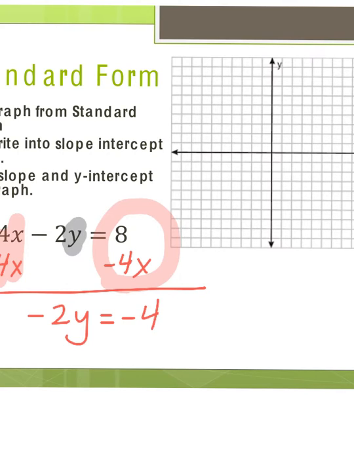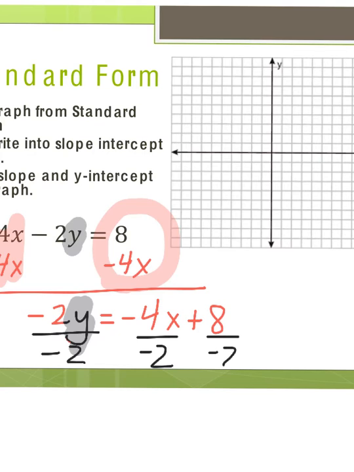On the right side, these are not like terms, so we're going to leave them as they are. Negative 4x plus 8. And then once again, we need to get the y by itself, and so we're going to divide everything by negative 2. Every term. When we're done dividing each of the terms, it'll be in slope-intercept form, and then we can use the slope and the y-intercept to help us graph.